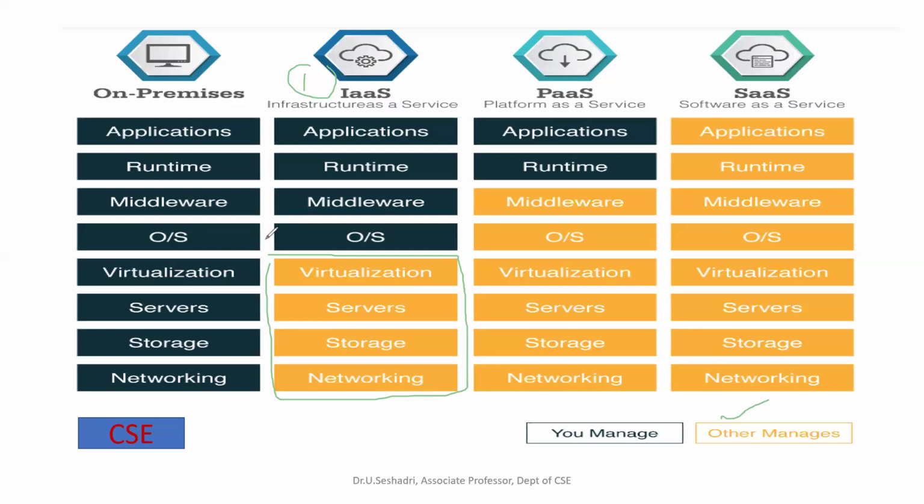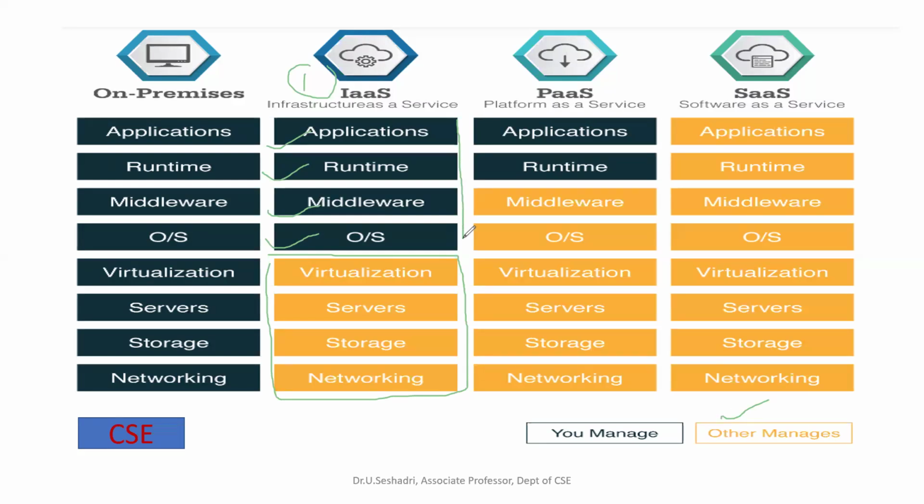The operating system selection, the middleware tools required to develop the application, you will take care of. To develop the application, whichever platform you choose, either Java, C, or Go programming, you take it, test it, and finally deploy the application. This part you will take care of in infrastructure as a service.